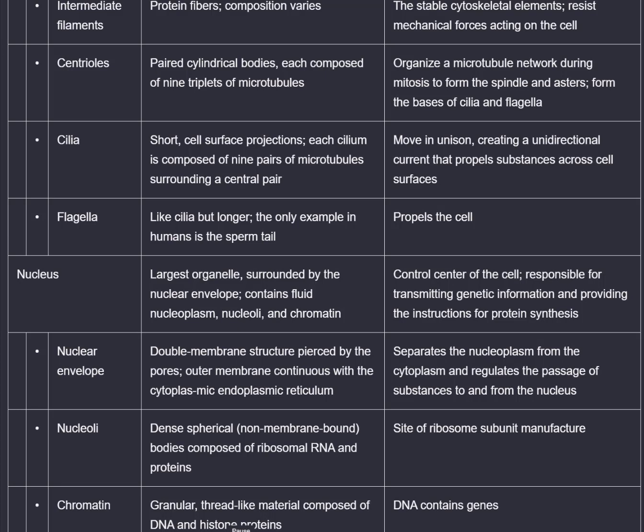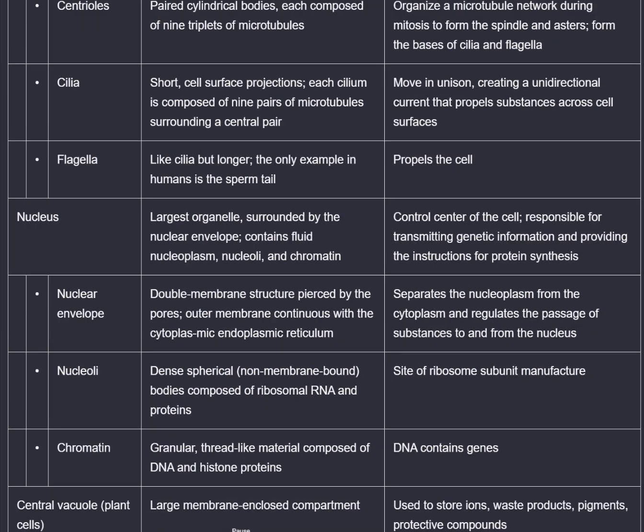Intermediate filaments. Protein fibers, composition varies. The stable cytoskeletal elements resist mechanical forces acting on the cell. Centrioles. Paired cylindrical bodies, each composed of 9 triplets of microtubules.